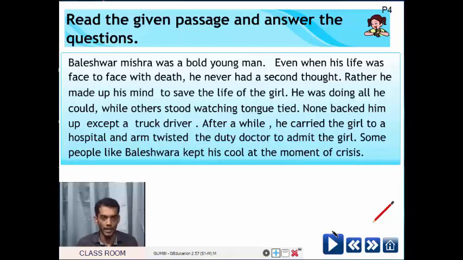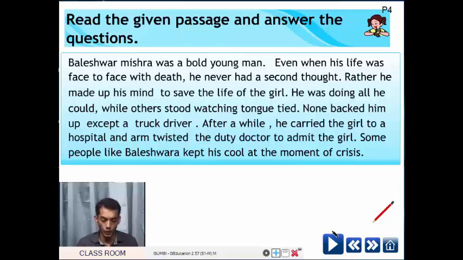Some people like Baleshwar kept his cool at the moment of crisis. Very good. Baleshwar Mishra was a bold young man. Even when his life was face to face with death, he never had a second thought. Rather, he made up his mind to save the life of the girl.